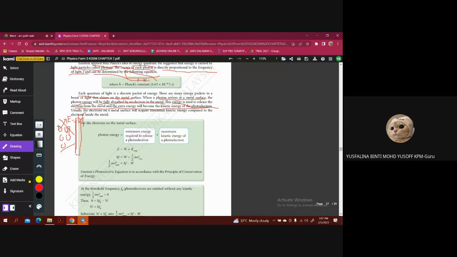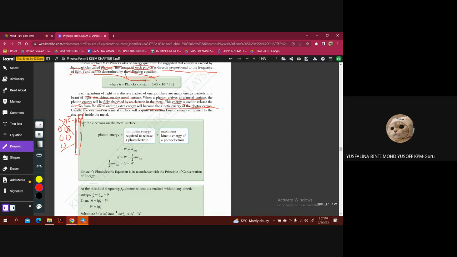Then the energy from the photon will hit the metal surface. You already know energy cannot be destroyed, it can only change to another form. So when it hits the metal surface, this energy will be transferred to the electron. Then if the frequency is enough, remember it depends on the frequency, the electron can be emitted from the metal surface.